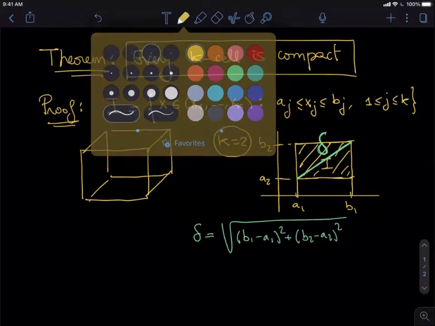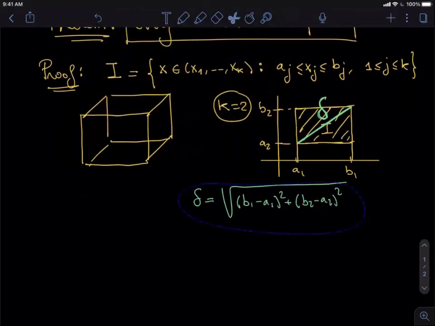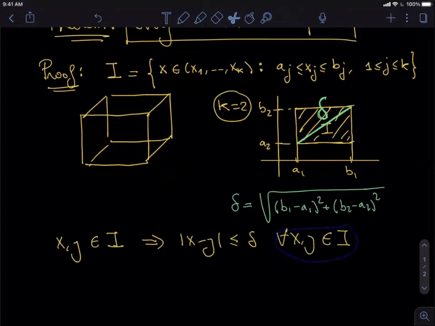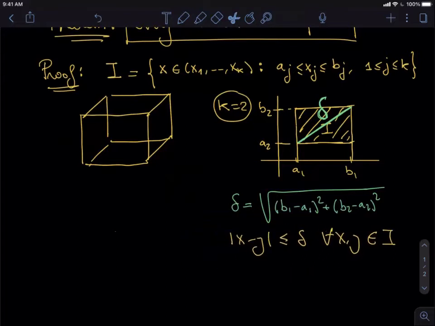And here the important thing about this diagonal is that whatever two points x and y I pick that are in the K cell, in the parallelogram, then I know for sure that the distance between x and y is less than or equal to delta, for every x, y in I. This is because the diagonal is the longest distance between 2 points inside of the K cell.